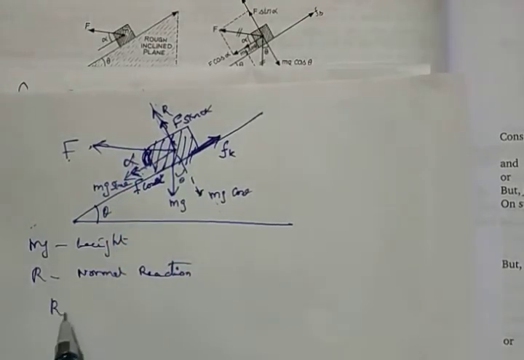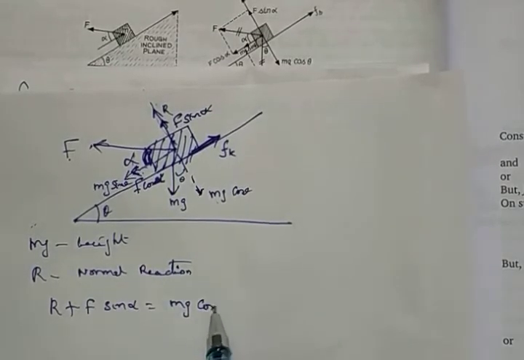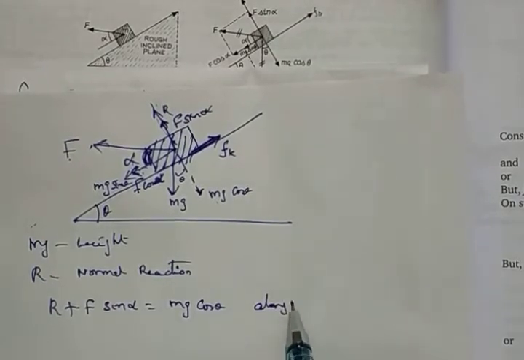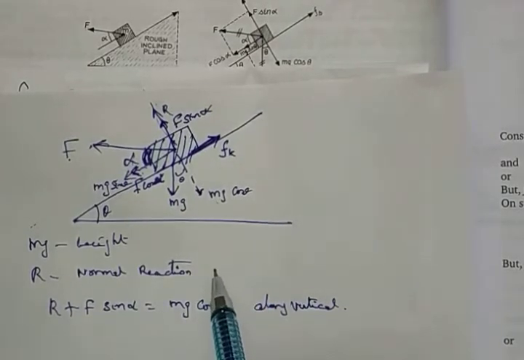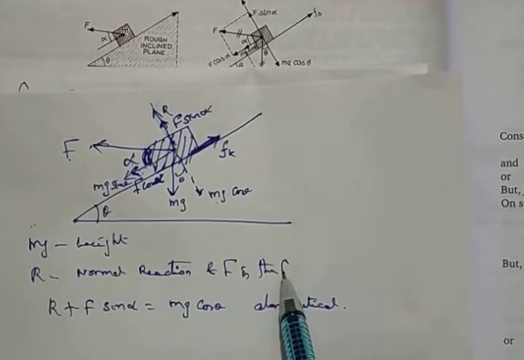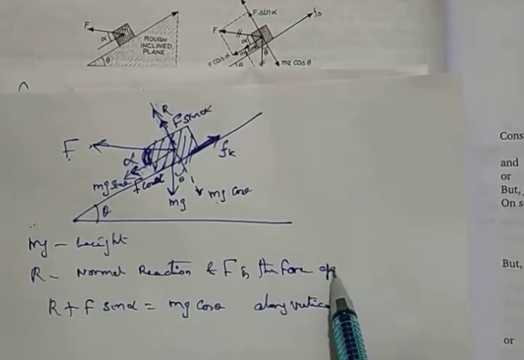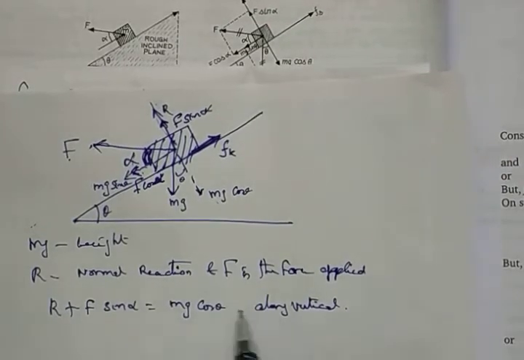R plus F sin alpha is equal to mg cos theta. This is along the vertical. Now we also write the normal reaction, and capital F is the force applied. We name this equation number 1.